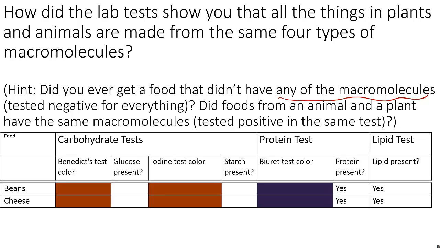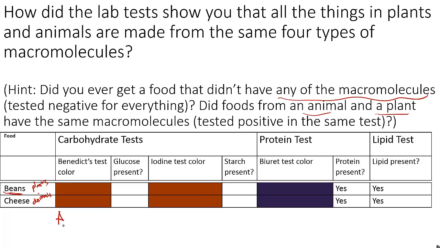The other question is, did foods from an animal and a plant have the same macromolecules? Well, if you remember, beans come from plants and cheese comes from animals. And when we tested those, we found out that cheese and beans have the same test results.